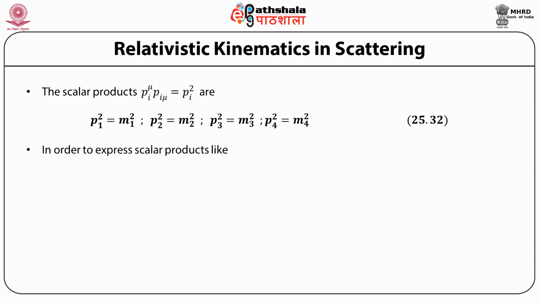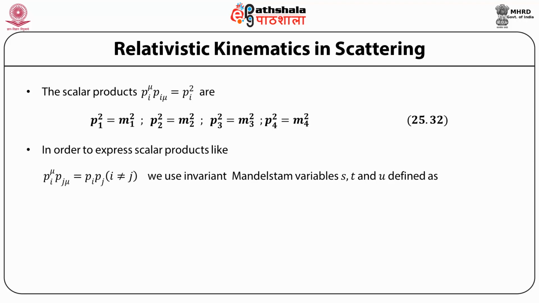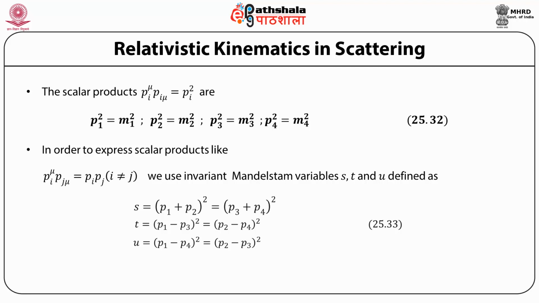In order to express scalar products like p_i·p_j, where i is not equal to j, we use invariant Mandelstam variables s, t and u defined as s = (p1 + p2)² = (p3 + p4)², t = (p1 − p3)² = (p2 − p4)², and u = (p1 − p4)² = (p2 − p3)².